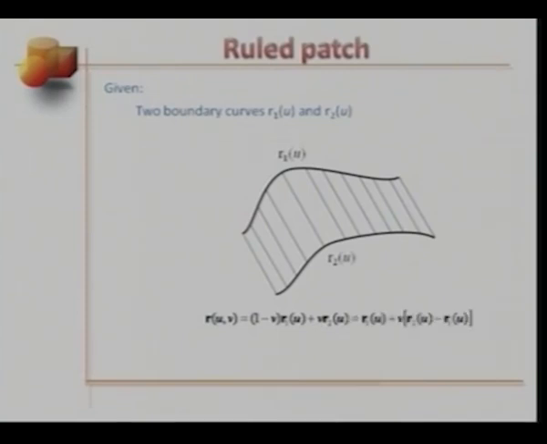We can rewrite this expression as R1 of u plus v times R2 of u minus R1 of u. This vector here gives some sense of the tangent information between the 2 curve models, R2 of u minus R1 of u.